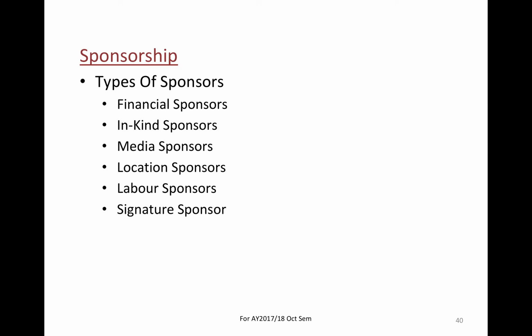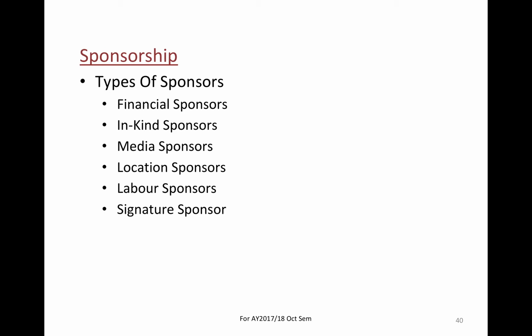All right. Media sponsorship, let's say you go to Joe San or 95, 98.7, and they help you advertise, promote or publicize your event, and they don't charge you a cent. That is media sponsorship already.